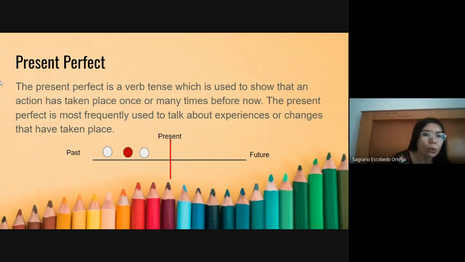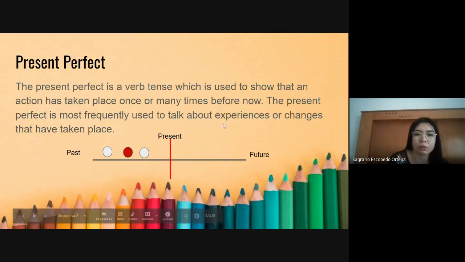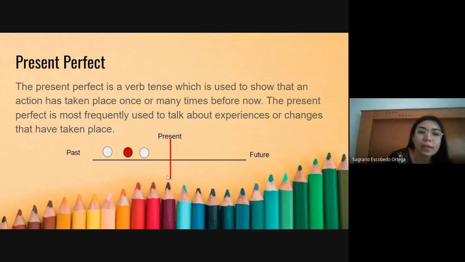So we call it present perfect, but we're actually talking about the past. Okay, we're not talking about the present. It is used to talk about an action that has taken place once or maybe many times.